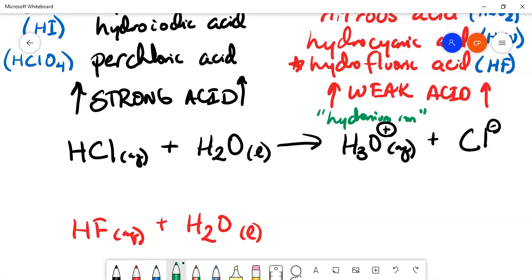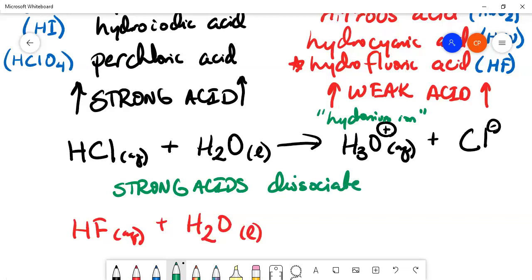Regardless, the fact that that arrow in the chemistry goes straight to the right reflects the reality that strong acids dissociate completely. Strong acids break up.